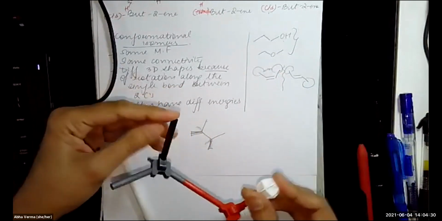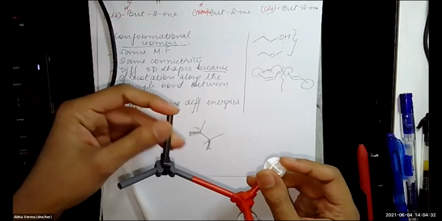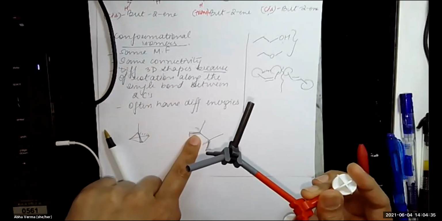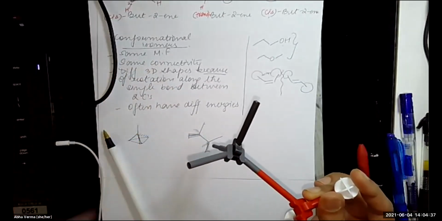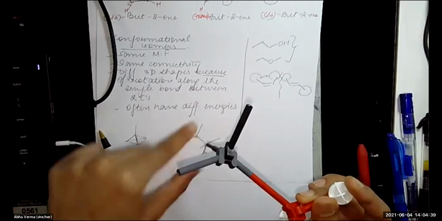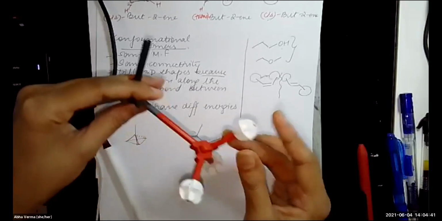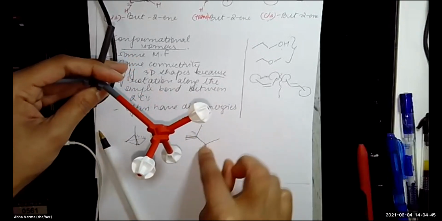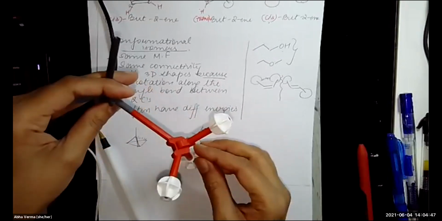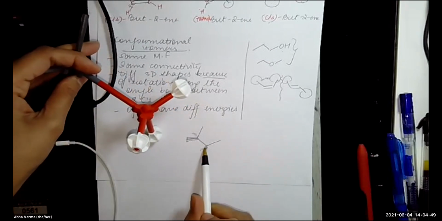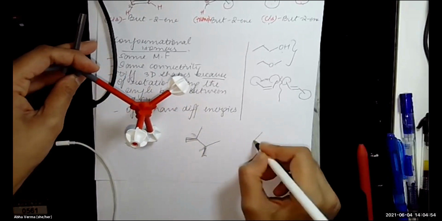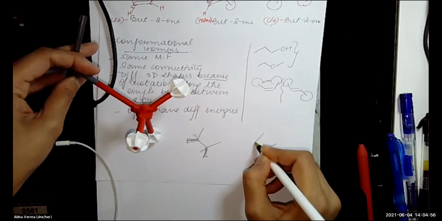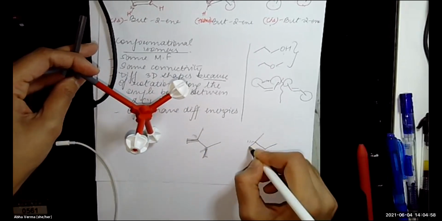Then this bond right here is coming out and this dash is going at the back. Similarly, on this carbon, this bond is coming out and this dash is going at the back. Now, I have shown the wedges and the dashes like this. You can draw your dashes and wedges like this also.